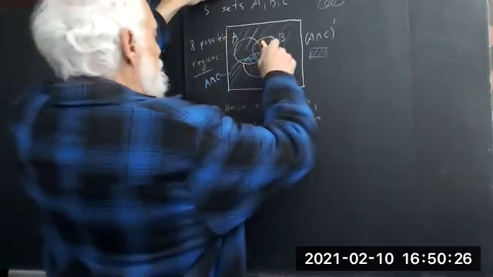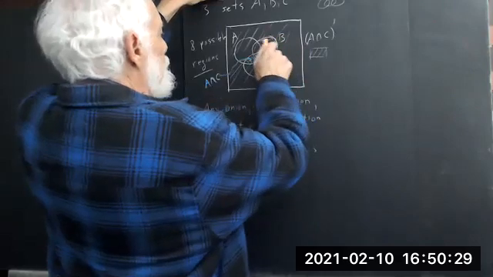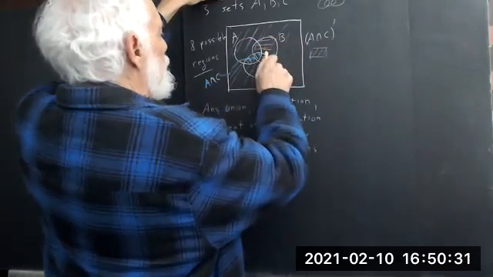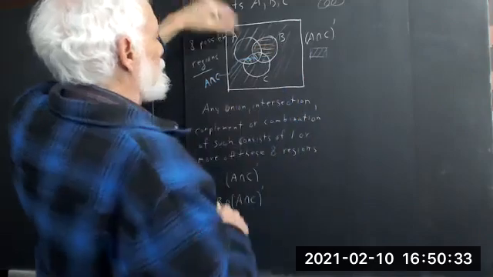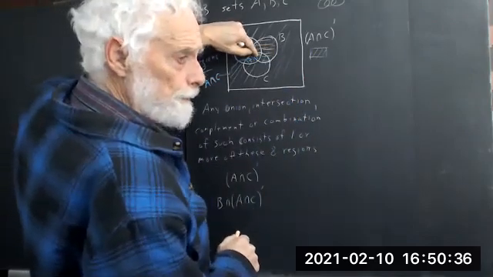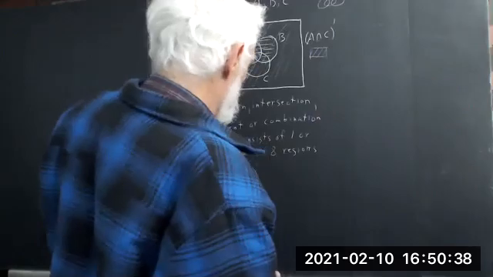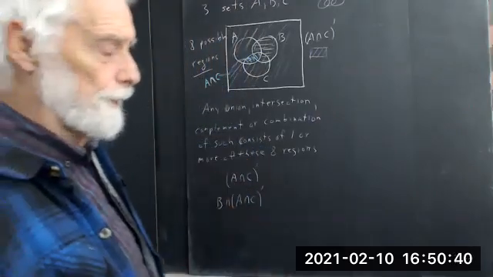So that's going to consist of everything here, everything except this part of B. This part of B is in A intersection C. It's not in A intersection C prime.